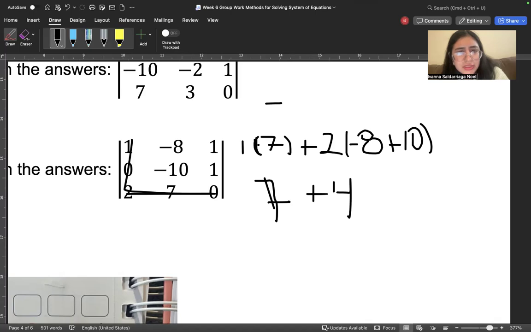This is 0. Oh, this is minus 7, sorry. This will be 0 minus it. So okay, it's minus. Yeah, because this is 0, but minus 7, it will be 7. And plus 4, it will be minus 3. So the determinant is minus 3.